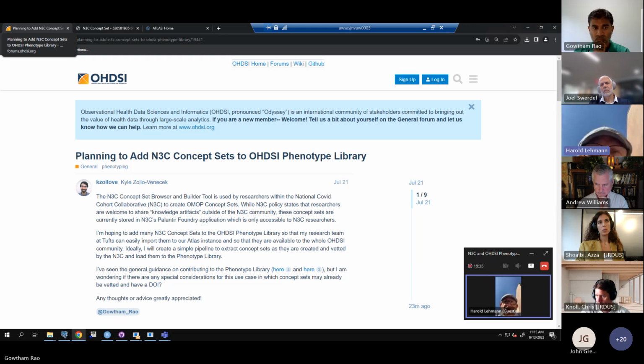Another issue is that very early on in N3C, it turned out that the developer made the name of the concept set the ID of the concept set, which means that as the concept set was developed and people realized that the name was inadequate or wrong or confusing, whatever, we were kind of stuck with it.